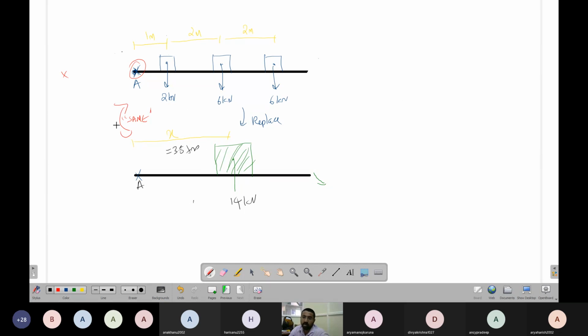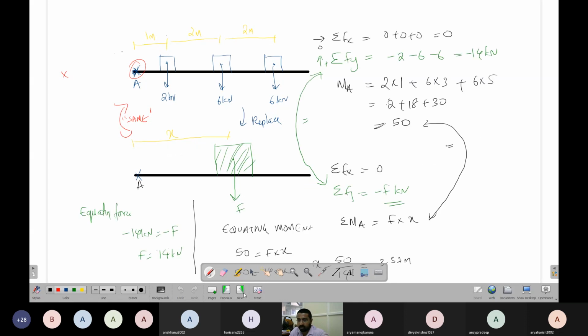Now, what does this have to do with couple? Simple. If you can see this 14 kilonewton, it is nothing but a couple. 14 into distance, force into distance. So this also is the same as 14 into 3.57.